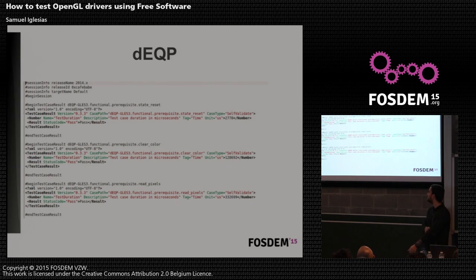This is an example of this XML file. You have the name of the test that is run, and among other information, you have the execution time, and the status, for example if it passed, failed, or whatever.